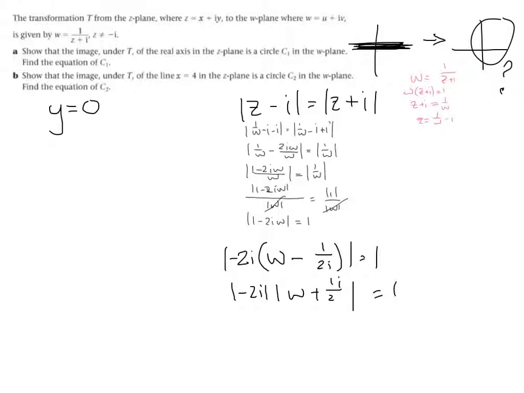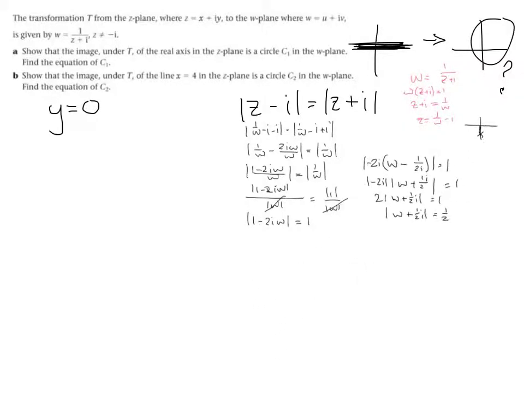Right, what have I got? What's the modulus of minus 2i? Well, minus 2i lives here on the Argand diagram, and the distance to the origin is 2. So the modulus is 2, and I've got |w plus a half i| equals 1 over 2, and that gives me |w plus a half i| equals a half. Hooray! I now recognise it, and so do you, I hope. So what have we got?